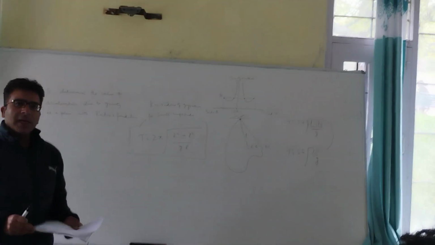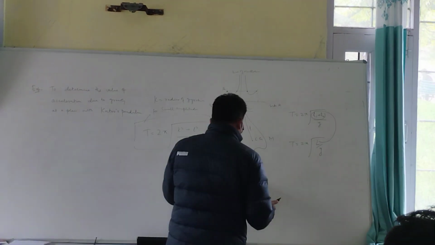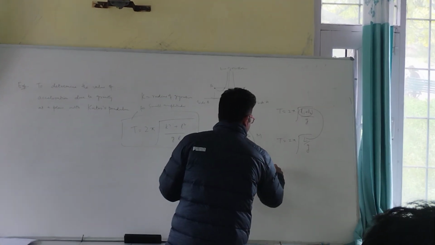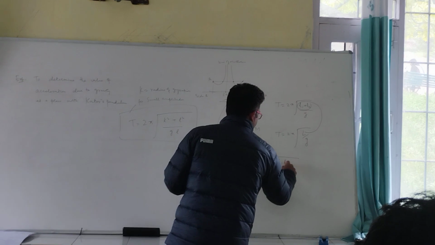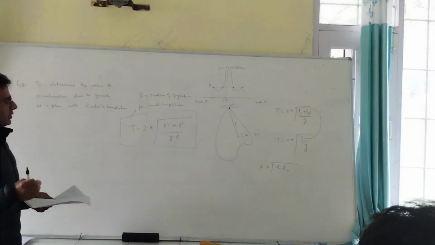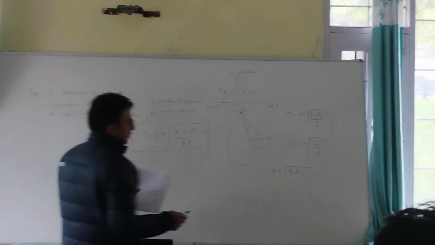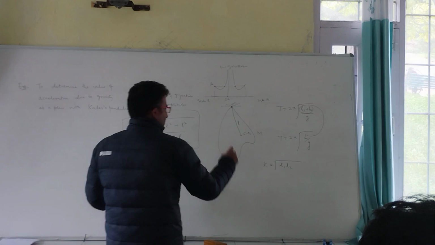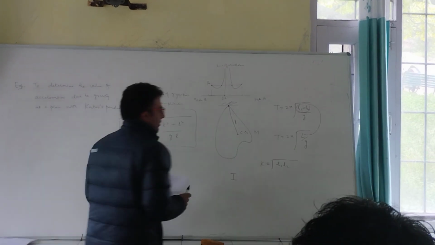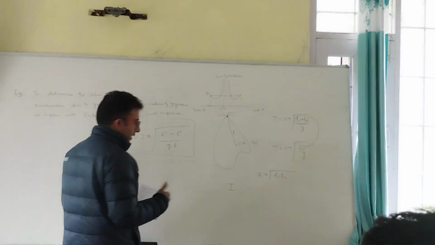Once we found the acceleration due to gravity from the graph, we used the formula k is the square root of L1 L2 to find the radius of gyration about an axis passing through the center of mass or center of gravity. Then another point was to find I, the moment of inertia about an axis passing through the center of gravity or center of mass.